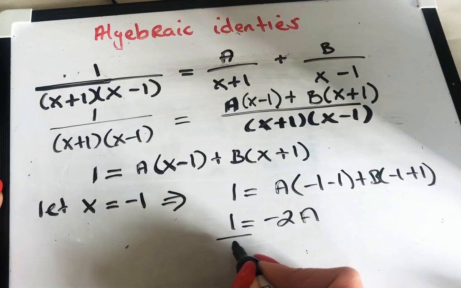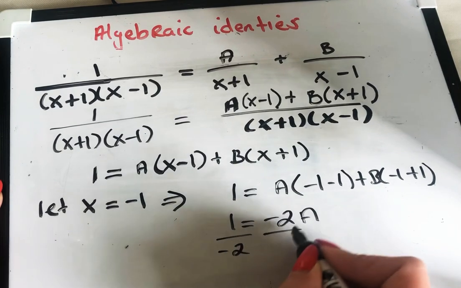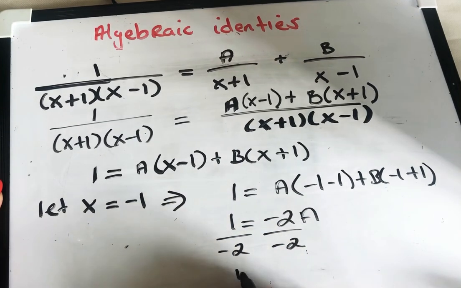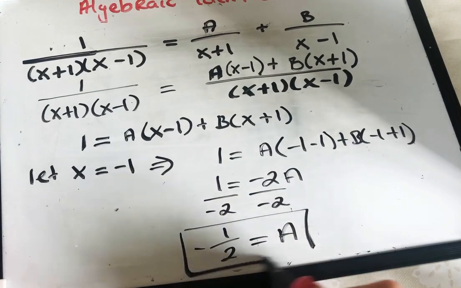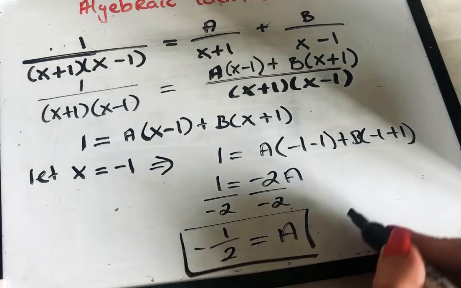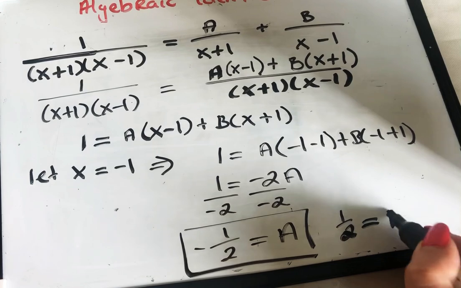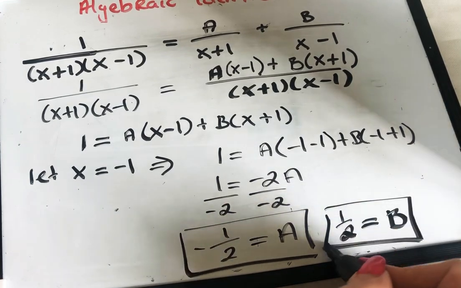Now we divide across by negative 2, and we see minus a half is equal to a. So our first answer for b was plus a half, and then a is minus a half.